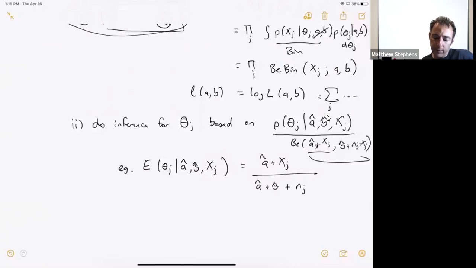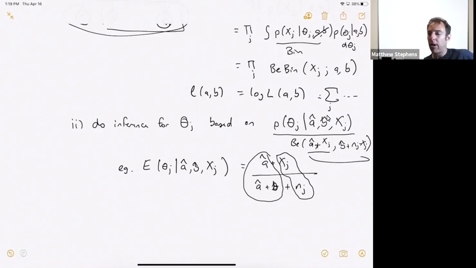What you can see is that this estimate of theta is actually a compromise between the prior mean, which is a hat over a hat plus b hat, and the data mean, if you like, or the MLE, xj over nj. So this posterior mean will lie in between that prior mean and the MLE.